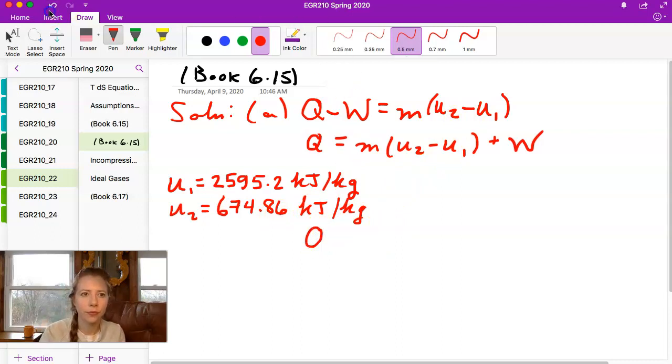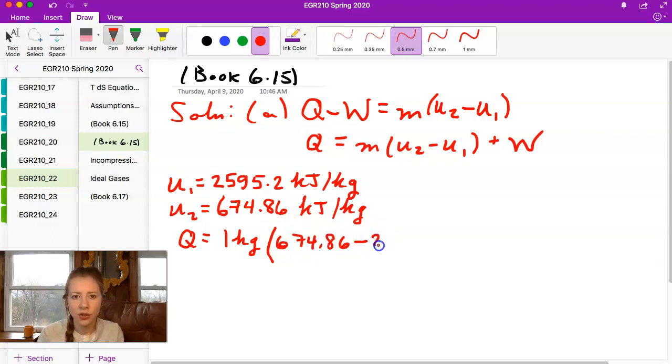So Q is going to be, we had 1 kilogram of water times 674.86 minus 2595.2 kilojoules per kilogram.